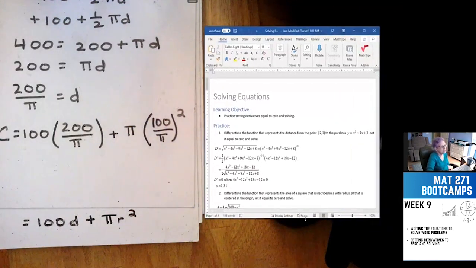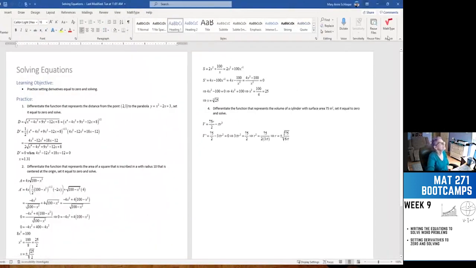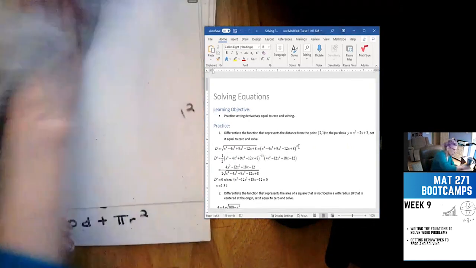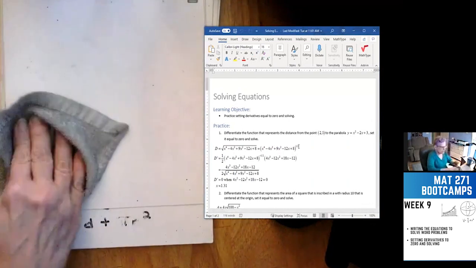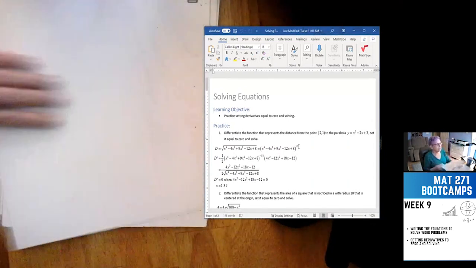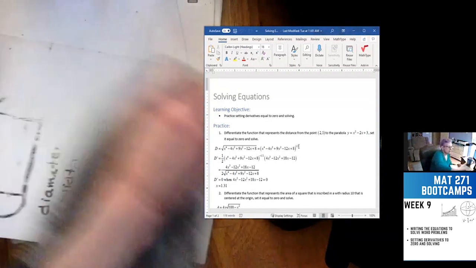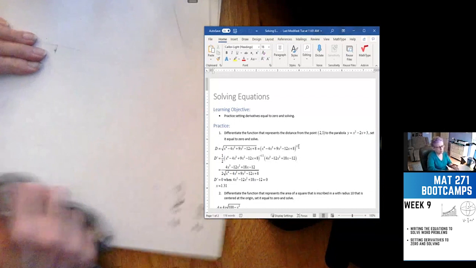We'll differentiate them and set them equal to 0. So our goal here is to practice setting derivatives equal to 0 and solving, because after figuring out the equations, setting the derivative equal to 0 and solving is the hardest part of the problems.